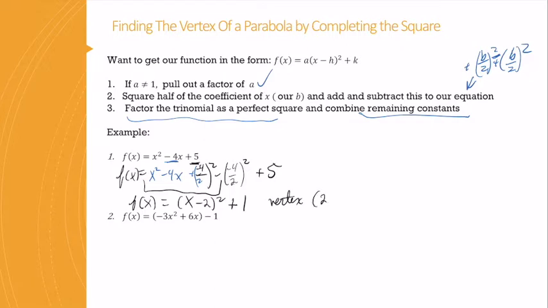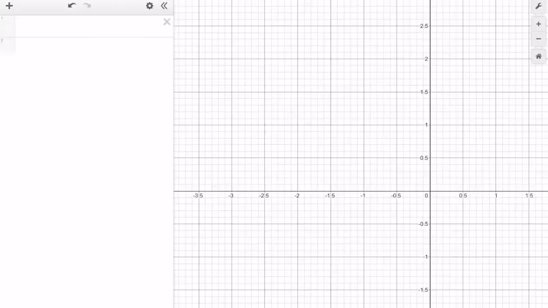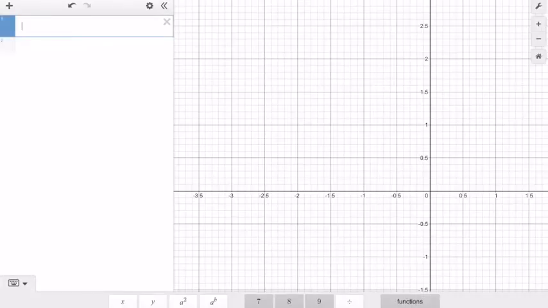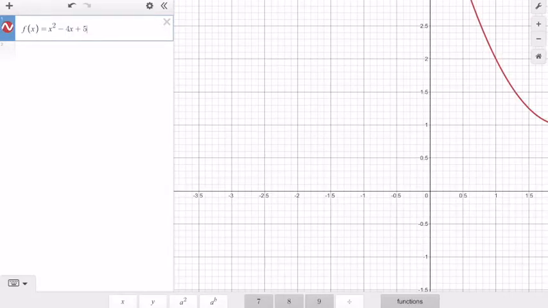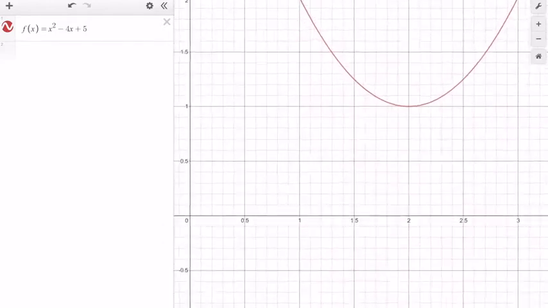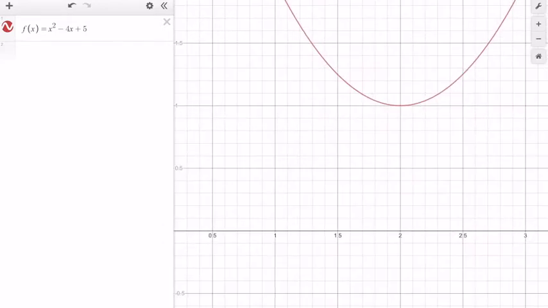Why don't we go ahead and check if we're right? Let's graph this original function in Desmos. So if I go into Desmos and I type in f of x equals x squared minus 4x plus 5, which was our equation, we can see that our vertex is right where we said it was going to be.